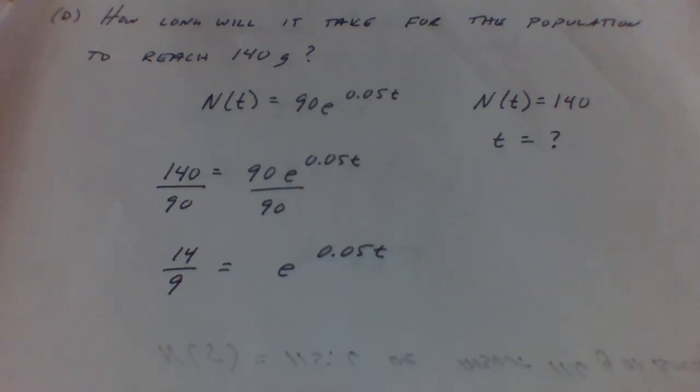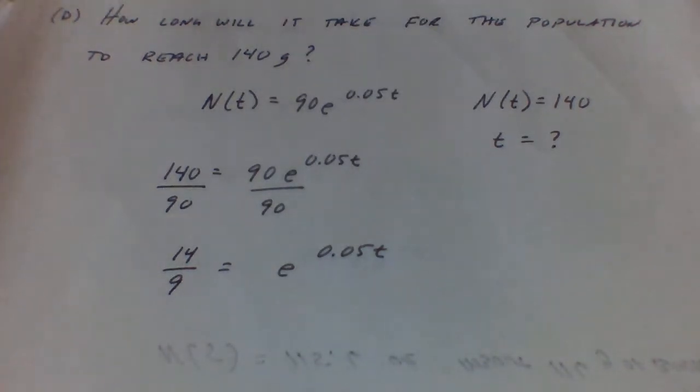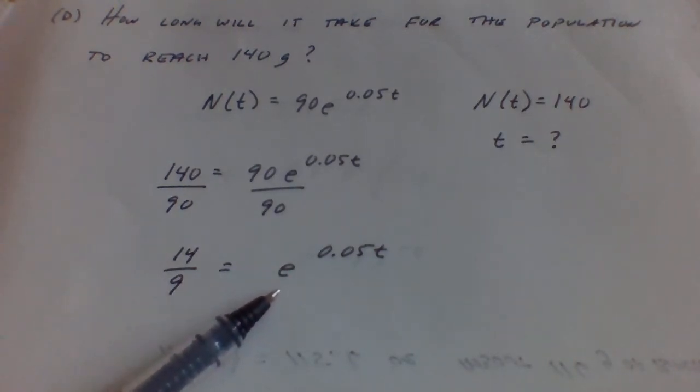Now, I want to go ahead and solve this equation for t. In order to do that, I'm going to have to use logarithms, and there's no way for me to write 14/9 and e so that they have the same base, but since this base is an e, I'm going to go ahead and take the natural log of both sides.